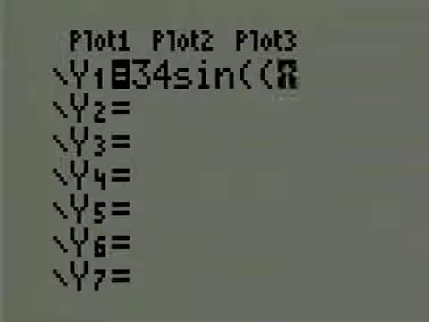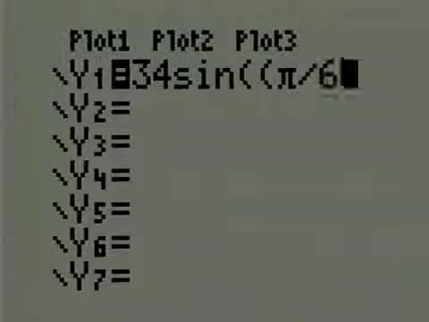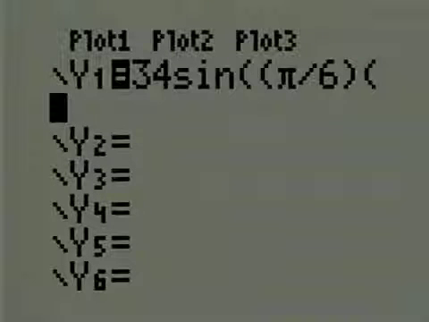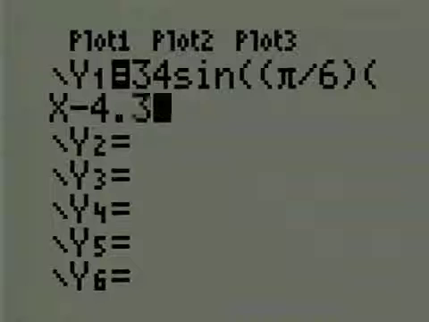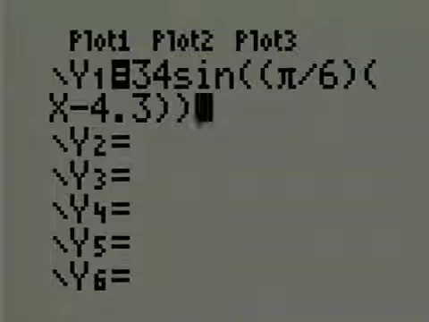I hit the second pi key to get pi divided by 6. Close the parenthesis. Now I need to enter a new parenthesis in which I will put x minus 4.3. Now I close that parenthesis, which is just for the x minus 4.3. I need to close the parenthesis for the sine function, so I enter a second parenthesis.